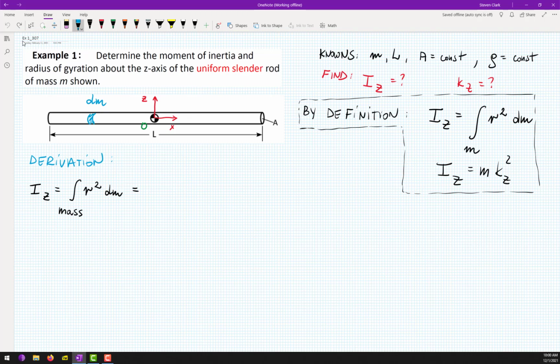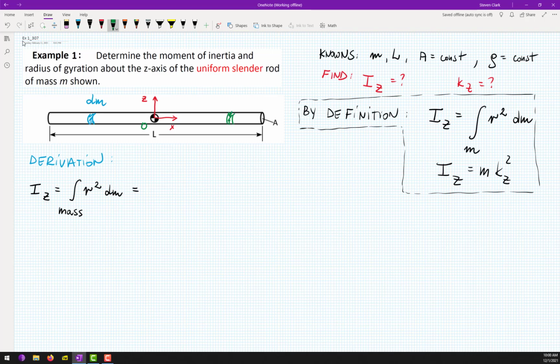We're just going to use the definition. So the definition for IZ is here, and the definition for radius of gyration is here. We now just follow the definition. So this is our solution. Maybe let me tell you what these things stand for. What is dm and what is r? So dm is here.